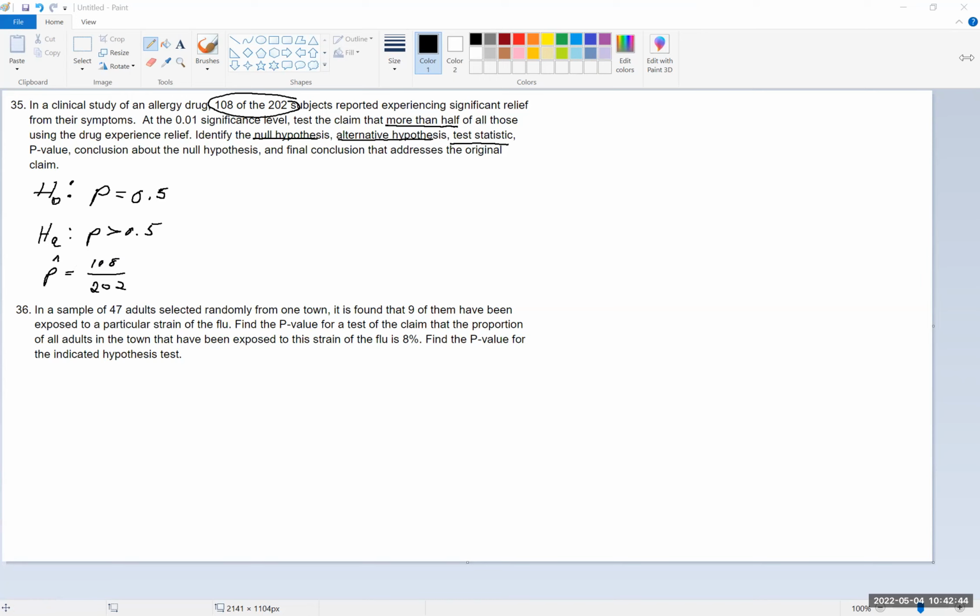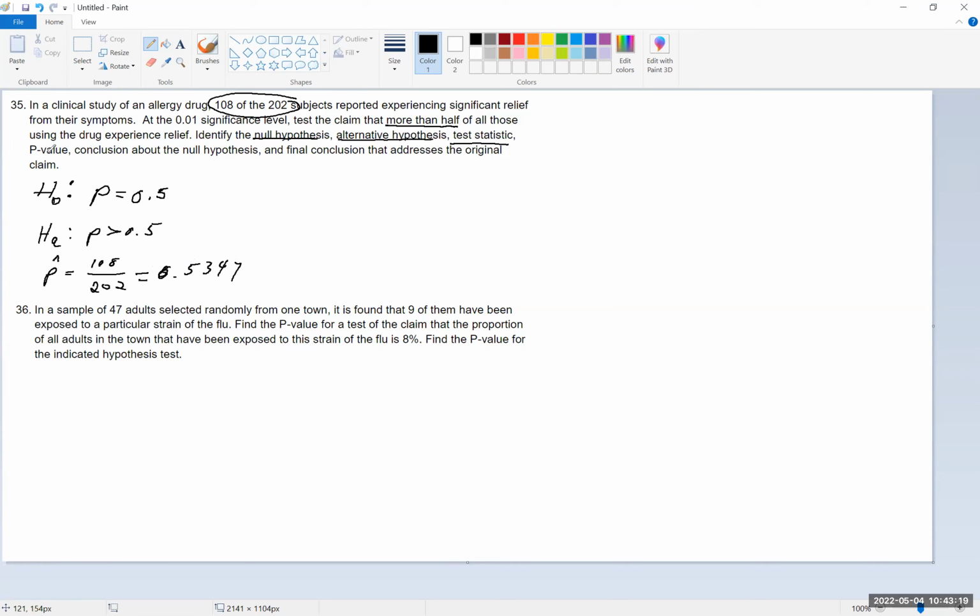I'm getting 0.5347. I'm trying to round off to 4 decimal places. At this point, it's better to round off as far as you can.